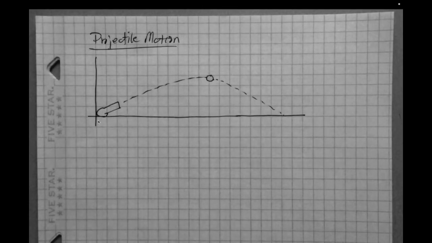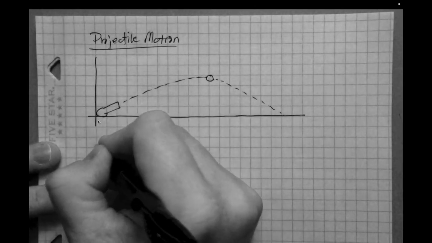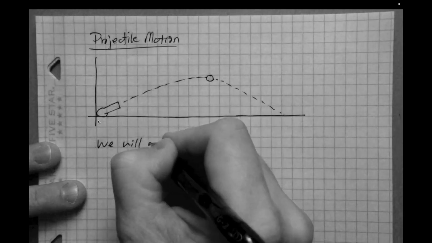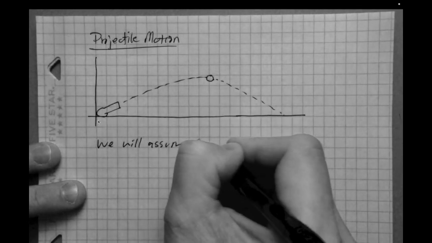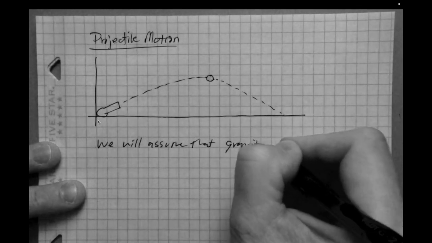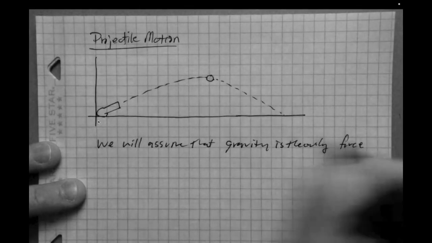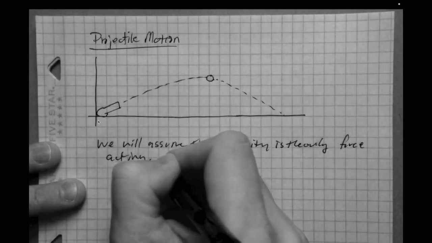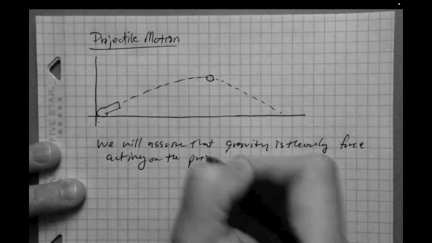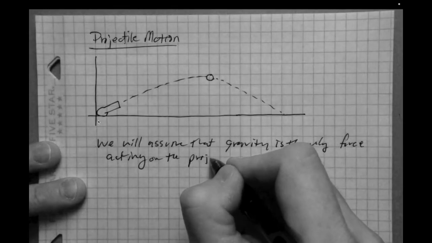So a couple of things that we'll assume here. We'll assume that gravity is the only force acting on the projectile after it's launched. Okay, and that's obviously a big assumption.